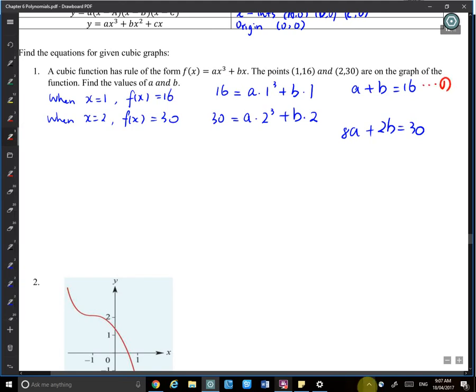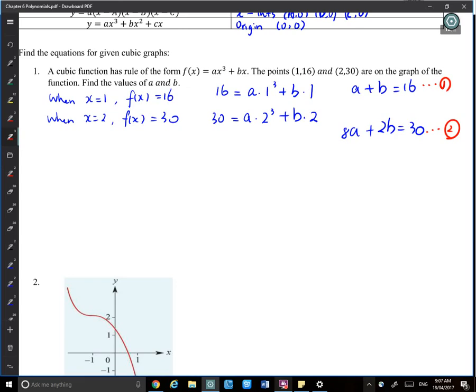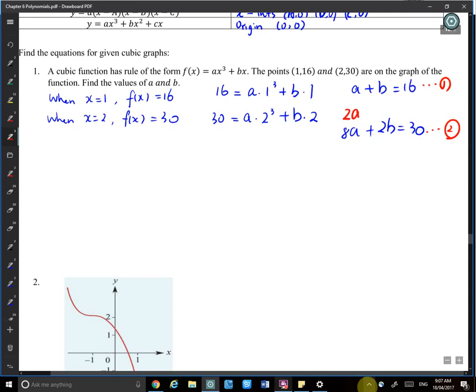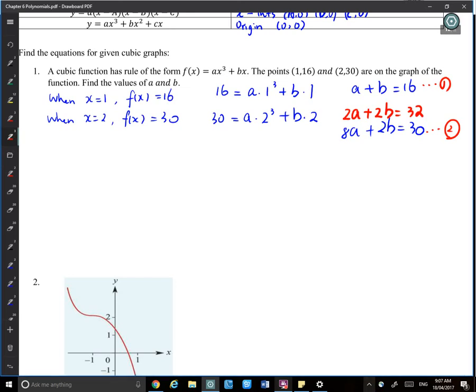Let's say that's equation 1 and that's equation 2. I can multiply equation 1 by 2 to make the same number of b terms and do the elimination. That's solving two linear simultaneous equations. So 2a plus 2b equals 32.